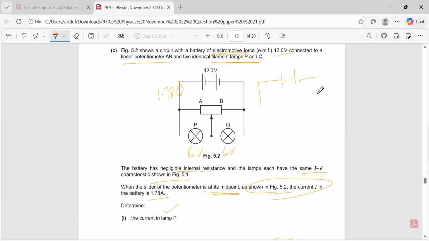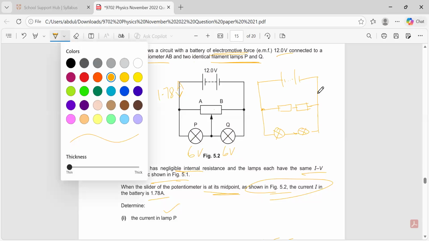One resistor here at the midpoint, one lamp here, one lamp here, like this.